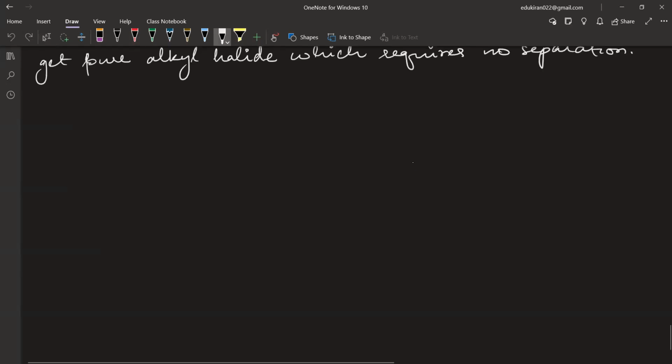Now the fourth reaction: using NaBr in the presence of H2SO4. In this reaction, please write here.